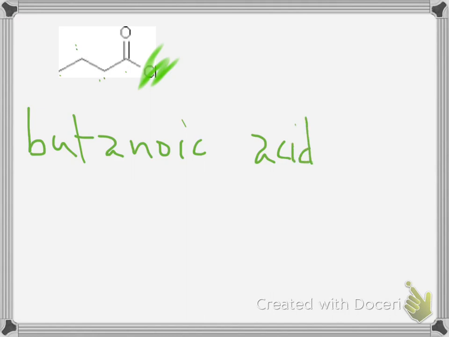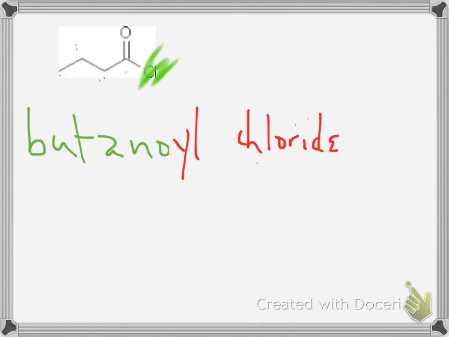Now, what we want to do is we want to drop the ic acid, and we're going to add the correct ending. So it's going to be YL, so butanoyl, and a chloride. So butanoyl chloride.